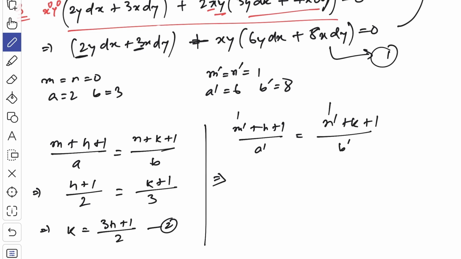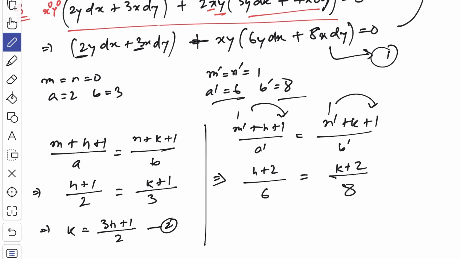So here m dash is 1, n dash is 1, so if you add 1 with 1, 1 with 1, then you will get h plus 2 on one side, and on the other side you will get k plus 2, and a dash is here 6, and b dash is 8. So we have got this, and if you simplify this equation, then you will get something like this, 8h minus 6k, 12 minus 16, that's going to be equal to minus 4.